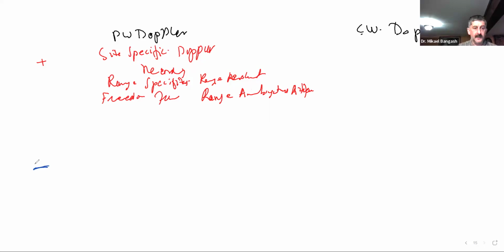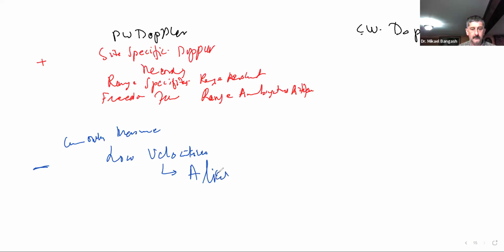Now the disadvantage was that it can only measure low velocities, and what that leads to is aliasing.